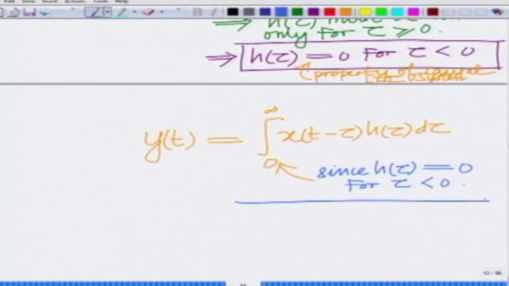So that is the property of the impulse response of a causal linear time invariant system.